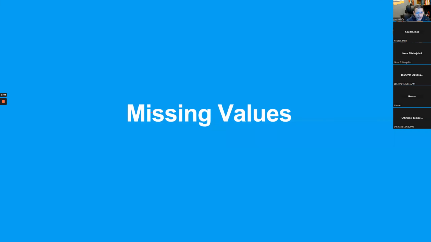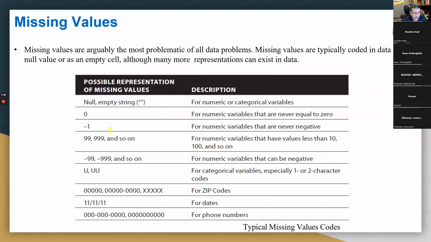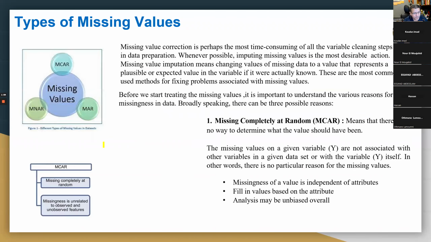So now we are going to move into missing values. المشكل الثاني اللي تقدر خصك تعامل معه professionally is missing values. Missing values يعني كاين بزاف ديال انواع ديال missing values. كاينين نوع كيتسمى missing completely at random.